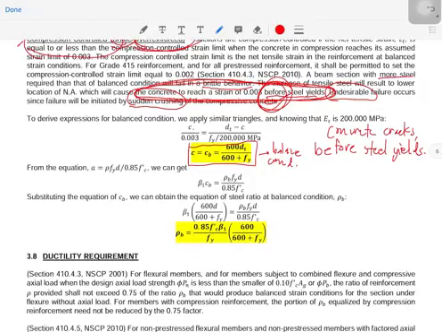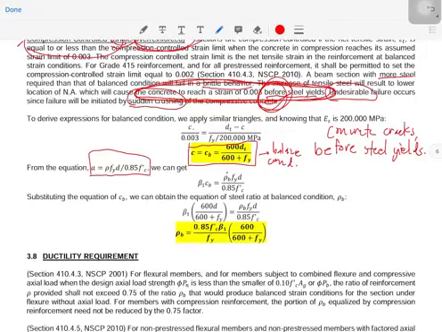Okay, so for equation A that we have derived earlier, we can get beta 1 cb is equal to the steel ratio, which is rho b, then Fy times d over 0.85 f prime c.